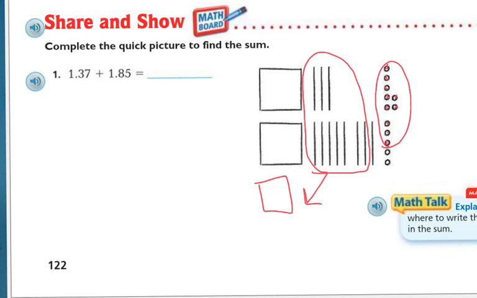We can regroup this into 1/10. So now what I have left over is 3 wholes plus 2/10, and 2 hundredths. So my answer is 3 wholes, put my decimal, and then 2/10 and 2 hundredths. So the answer is 3 and 22 hundredths.